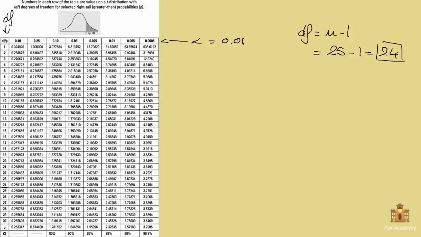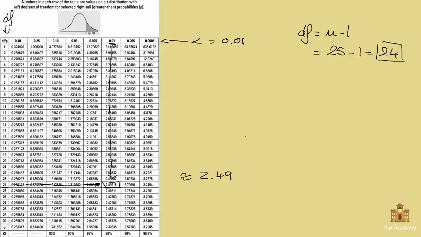And then we need to look up at our significance level, 0.01. And then we get the value where both of these meet. So we go like this, horizontally. And then same thing for the significance level. And so we get this value, which is approximately 2.49.